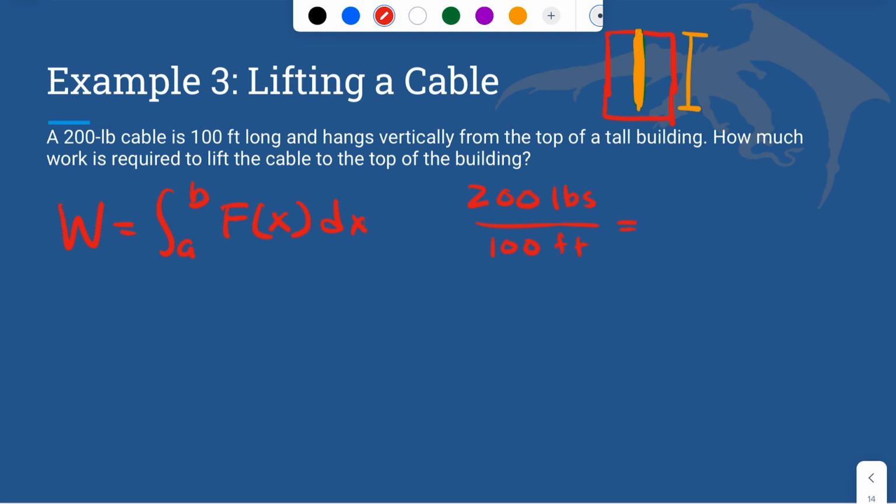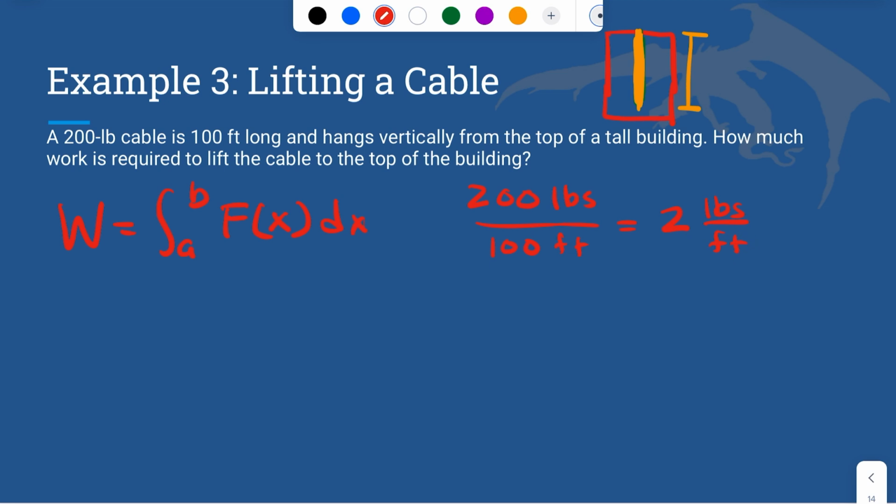So my force, or the uniform weight of the cable, means that we have 2 pounds per foot. Now, because we are dealing with less weight as we lift it up, we can't assume that stays constant, but that is going to be a part of our force function.